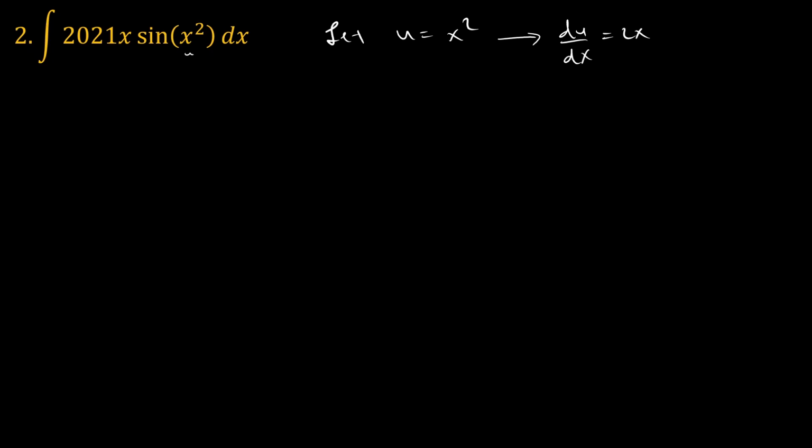So problem number 2 just happens to be the indefinite integral of 2021 x sine x squared. And we could try and substitute for that by just saying let u be equal to x squared, meaning that du dx is equal to 2x, and so du can be used to substitute for 2x dx.